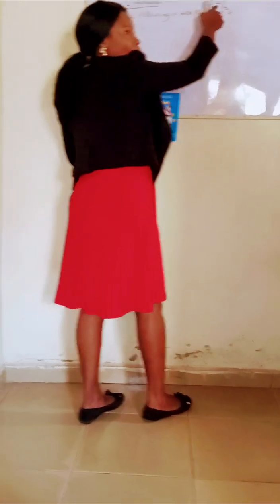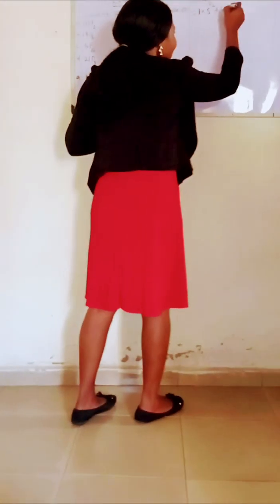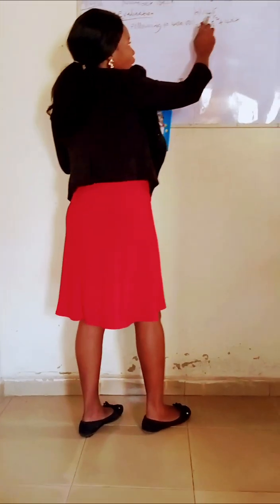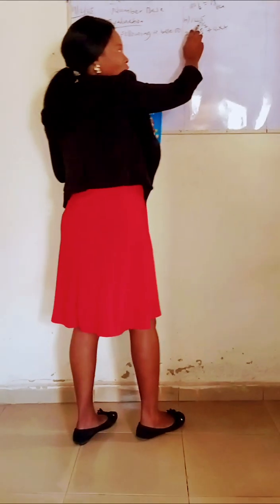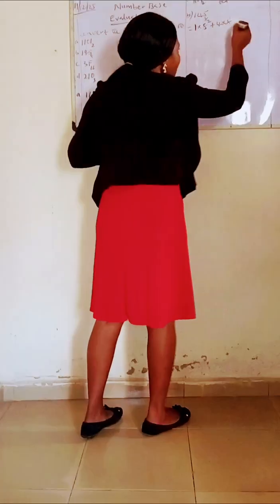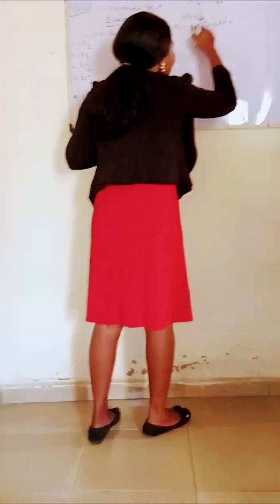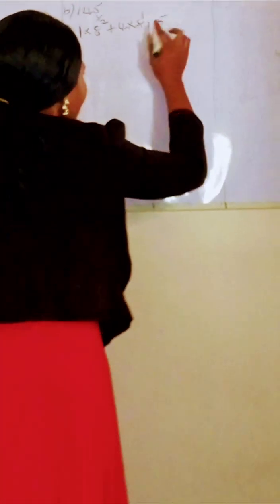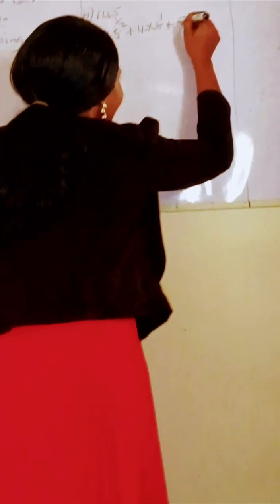Plus, go to the next number, 4 times your base 8. How many numbers are left after we have picked the 4? It's 1 digit, so raised to power 1. Plus the last number, 5, times your base 8 raised to power 0, because there's no other number there.